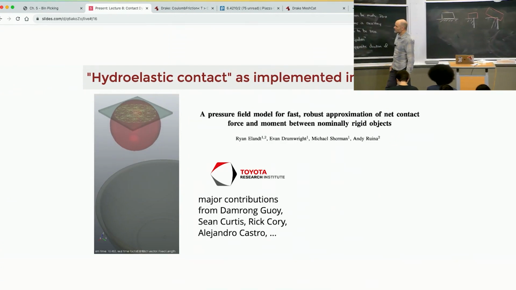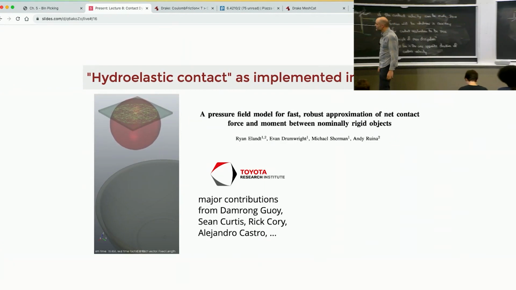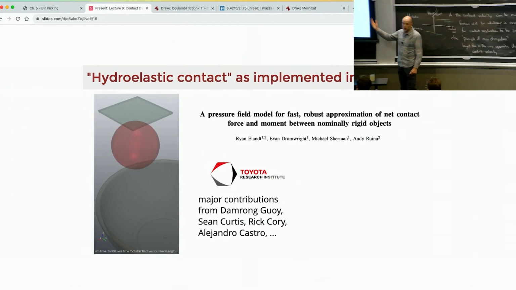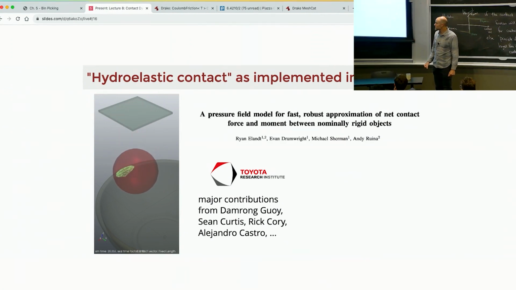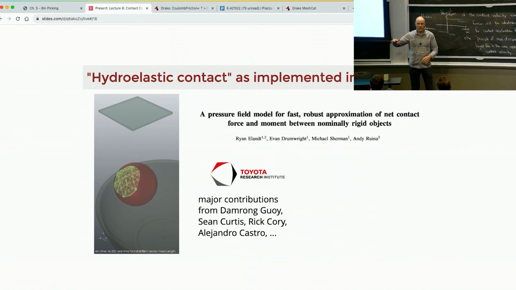One of the things that was kind of an innovation in Drake in the contact engine was this model called hydroelastic contact, which is the obvious thing in some sense, but making it computationally efficient enough to run all the time at real rates is what was maybe a bigger deal. So now, instead of taking just a point contact or a few points, we take a surface integral across the surface.